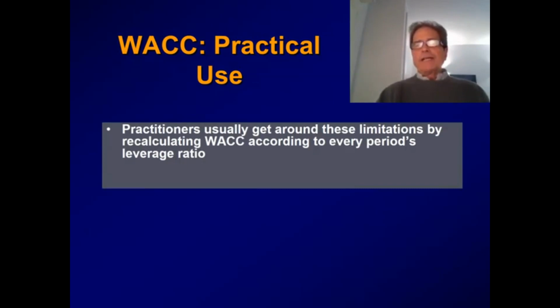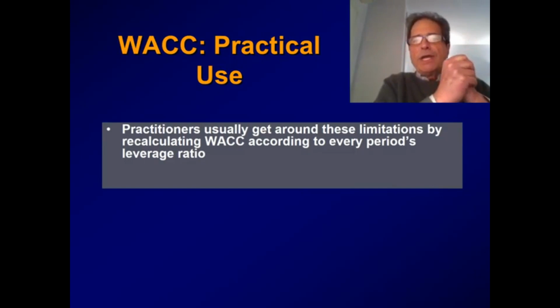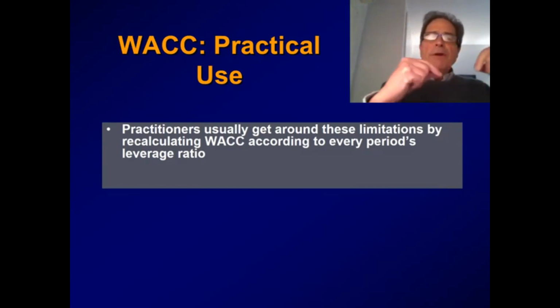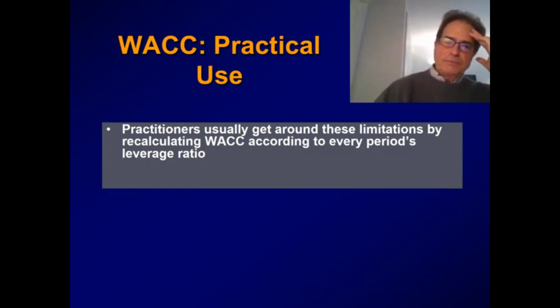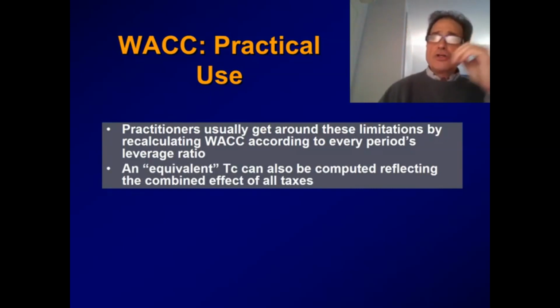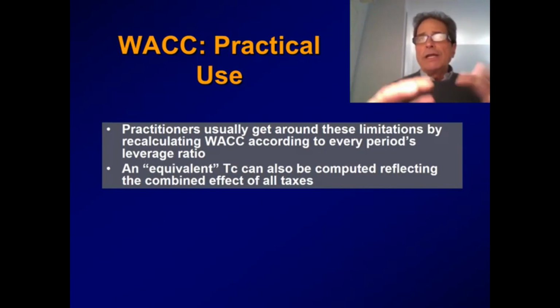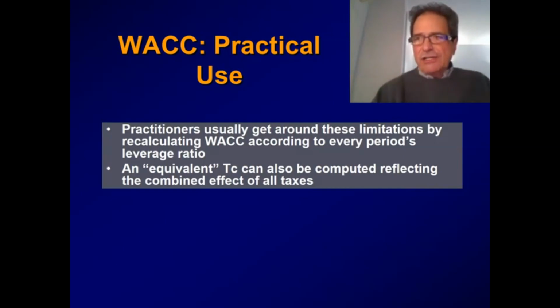Practitioners usually get around these limitations, at least partially, by recalculating WACC according to every period's leverage ratio. Also, when there are other tax effects related to the debt, different from just the simple corporate tax rate, you can incorporate other tax effects by calculating kind of an average tax rate.